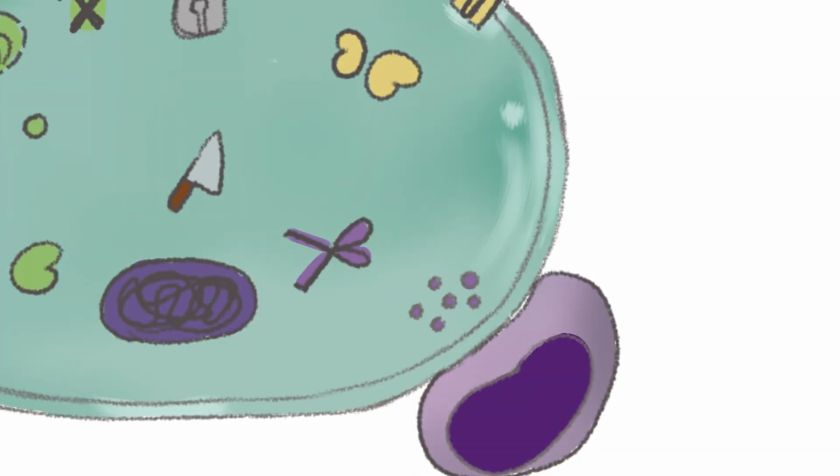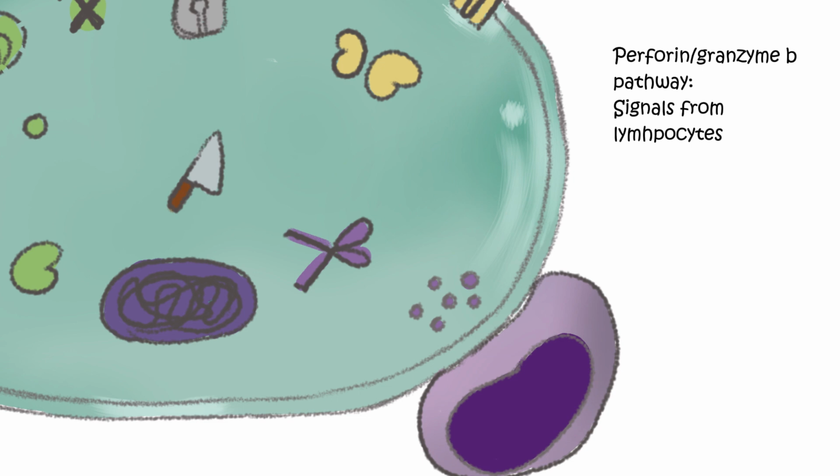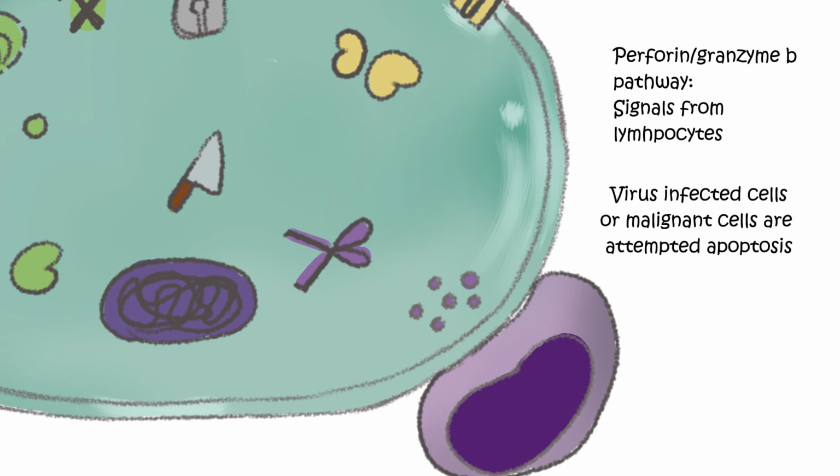So the last pathway is the perforin or granzyme B pathway, in which cytotoxic T cells or killer cells directly attack the cell and release enzymes. Usually this occurs in cases where the cells are infected by viruses or they have undergone malignant transformation. So this is the body's response to get rid of these bad cells.